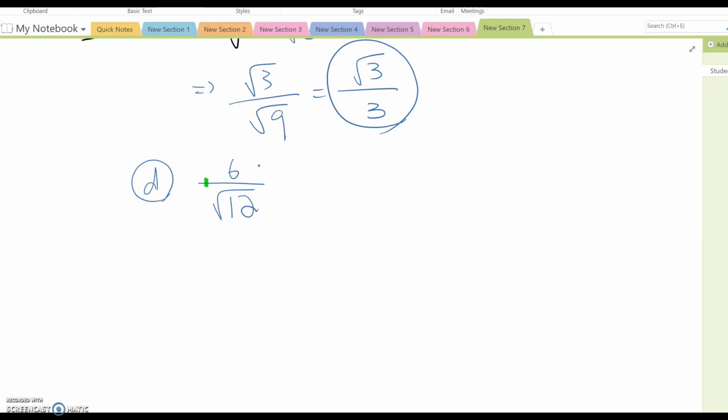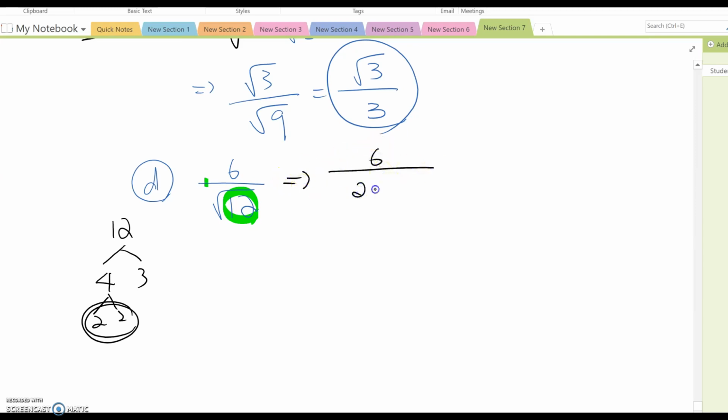So you can multiply root 12 by root 12, that's fine too, but if you can simplify this one first, that will be better. Let's find the prime factorization of 12, which is 4 times 3, and 2 times 2. So we found one pair here, so you can rewrite this as 6 over 2 root 3. As you know, we can simplify this, so it becomes 3 over root 3, right?